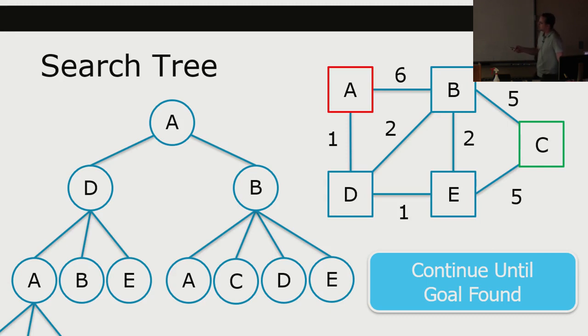So what I can do is I can say, okay, if the parent of this node is not null, go to that parent. And if the parent of that one is not null, go to its parent. And you keep going back and back and back and back until you get to a node whose parent is null. And if it is null, then you've reached the root node.